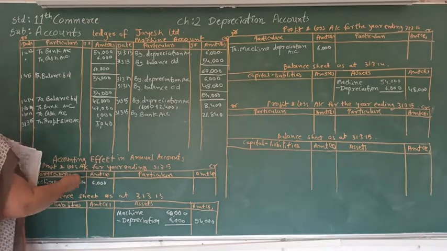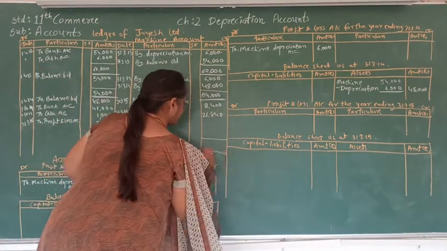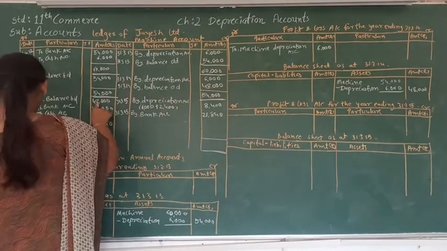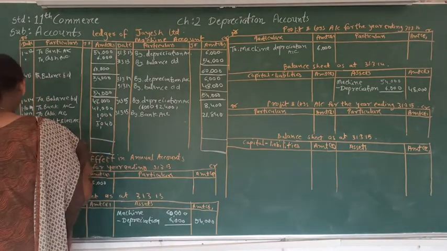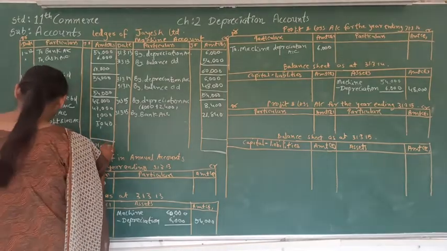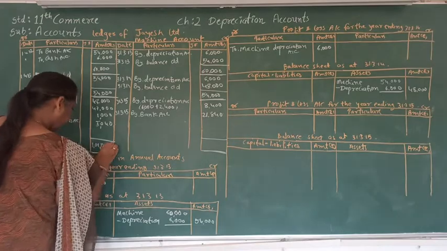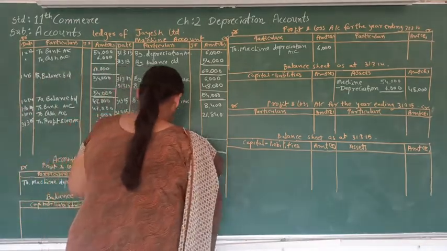Now let's find out the balance of the machine account. For that, if we add 48,000, 47,000, 1,000 and 5,040, the total will be 1,01,040. This 1,01,040 we are going to take to the credit side.